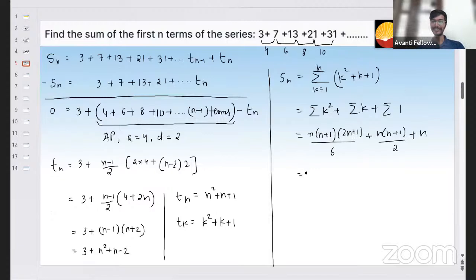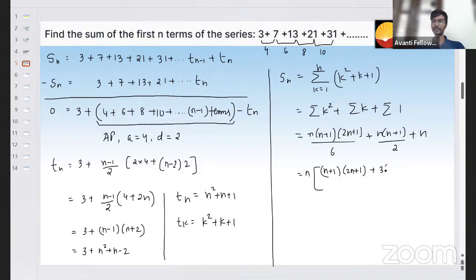So I can take n common. So I'll get n plus 1 into 2n plus 1, plus multiplied by 3, right?